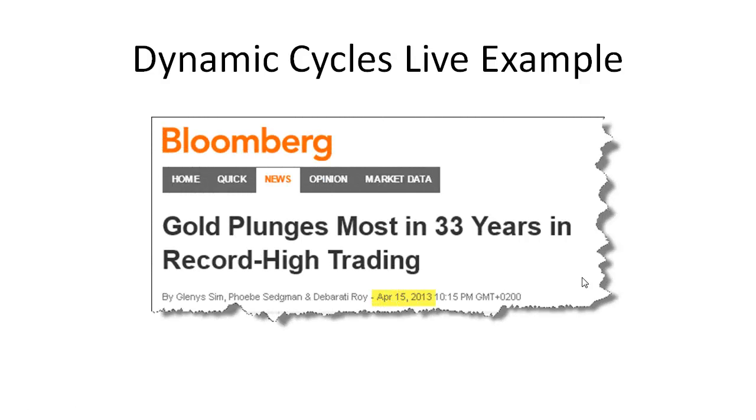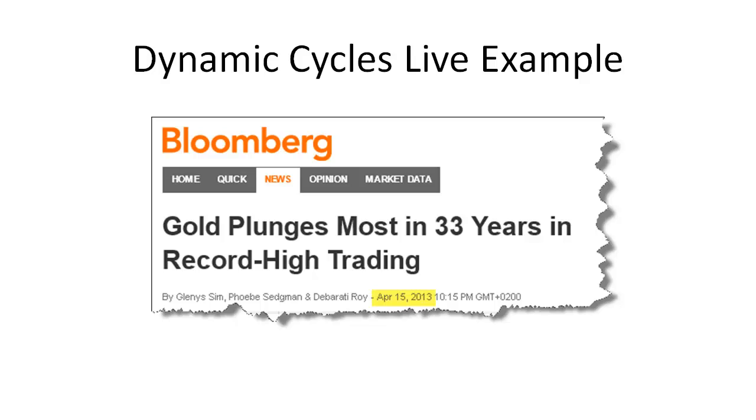I want to review a current live example which occurred in the markets, especially gold and silver. I think we are all familiar with the latest drop of gold and silver at the end of March, a very heavy drop of over 20% in 2 to 3 days, and it was the biggest drop in 33 years of history.